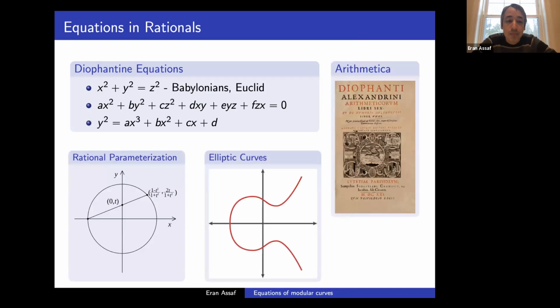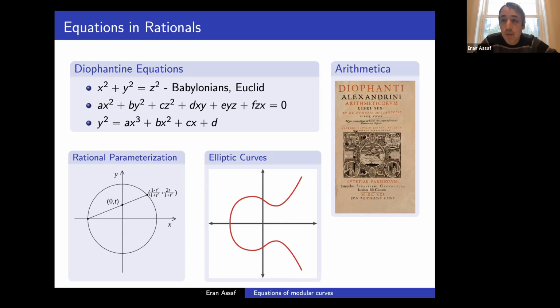On the bottom left of the screen, you can see the way he did that, basically by rational parameterization. You take one point on the circle, or more generally on the conic representing this equation, and you pass a line through it with rational slope, and you hit another point of the circle. This way you get a rational parameterization of the points of the circle, and you get all possible solutions.